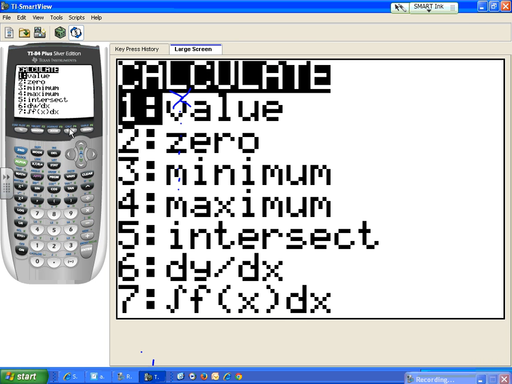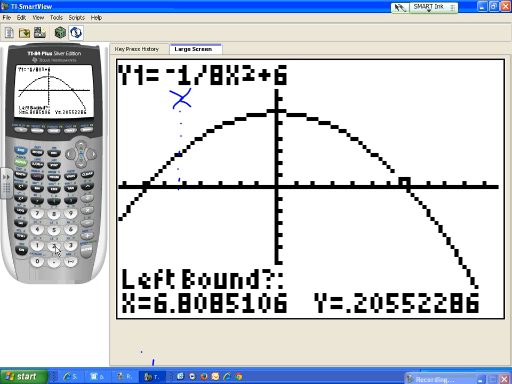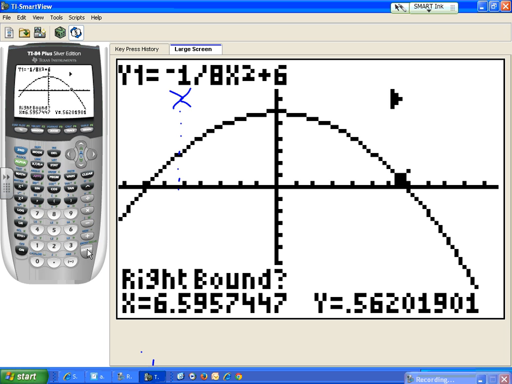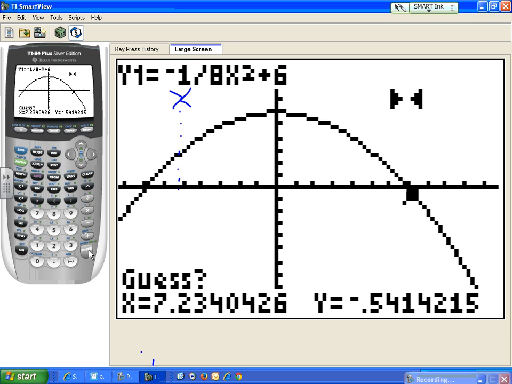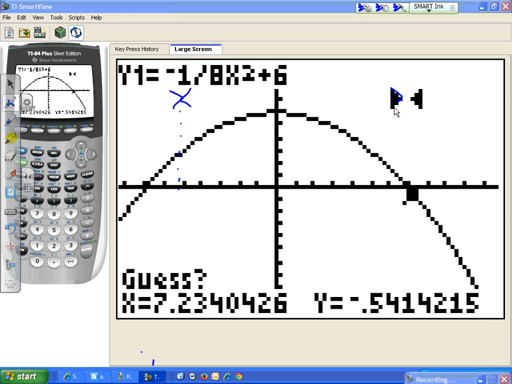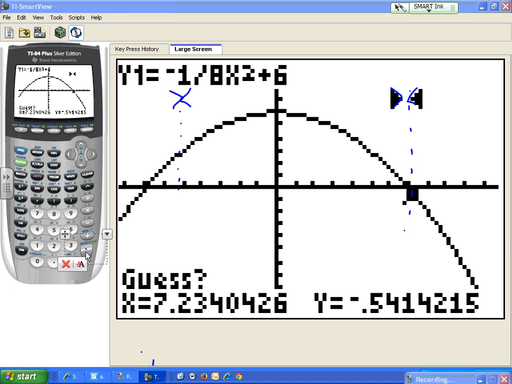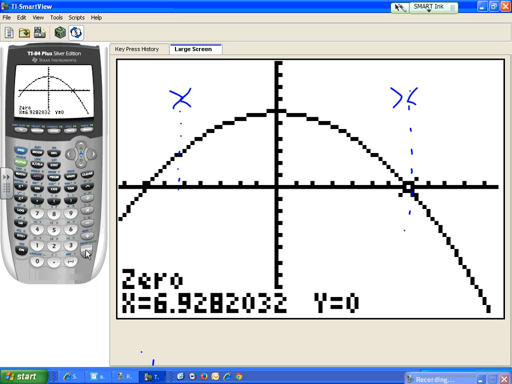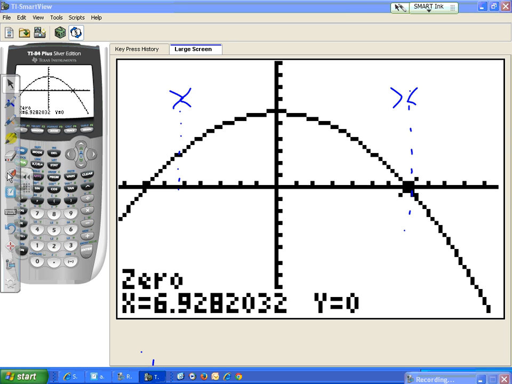And do second trace, hit number 2 for the zeros. I want to go just to the left, always go to the left first. Then go to the right. Use your left and right arrow keys. There's my arrows that we're looking for. Find the point, press enter. And it tells me 6.9. So the left was negative 6.90, the right is positive 6.90.